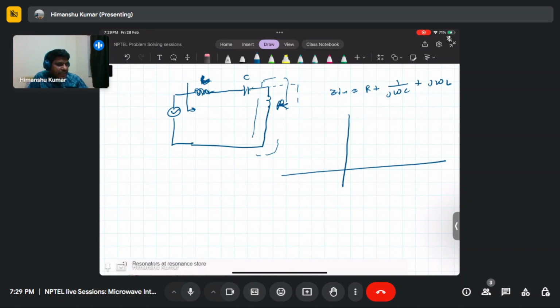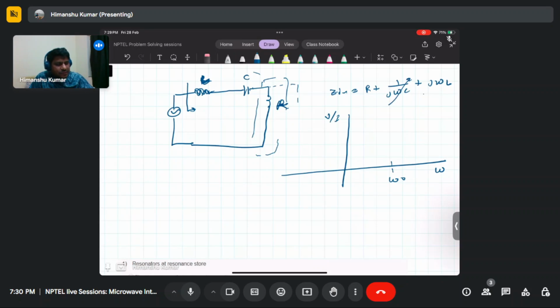As you plot frequency versus voltage or current, or the power across this resistor, at omega naught, which is the resonance frequency, the inductive and capacitive elements cancel out.